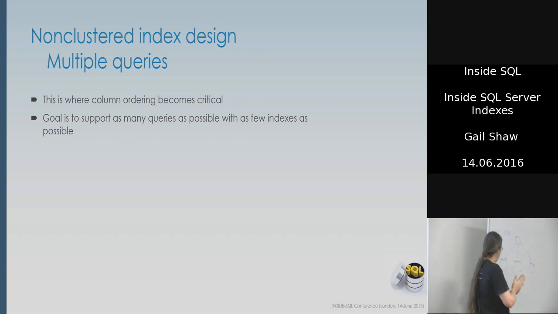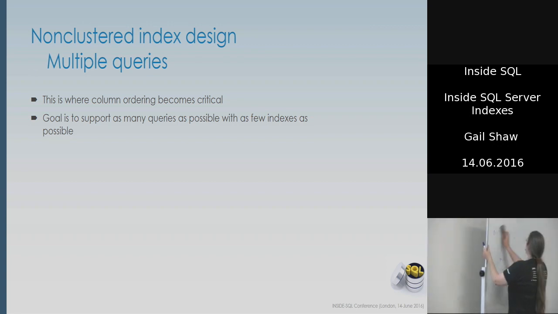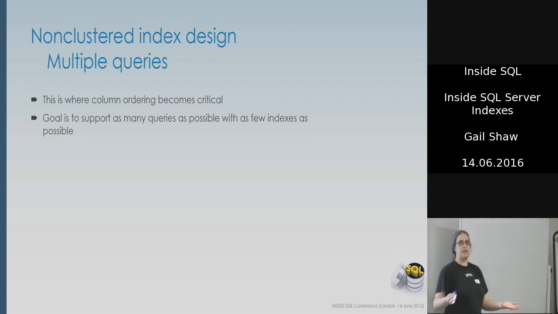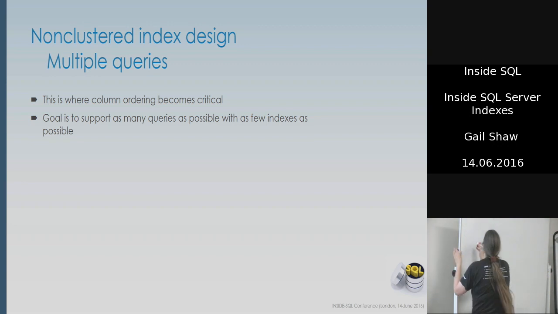I will recommend that for index design, you don't depend on this. So for example, let's say that's our clustered index on C1, and you need, for a particular query, a non-clustered index on C2, C1, include C4, whatever.